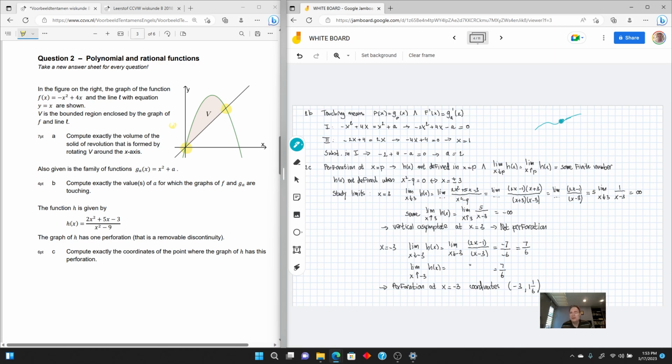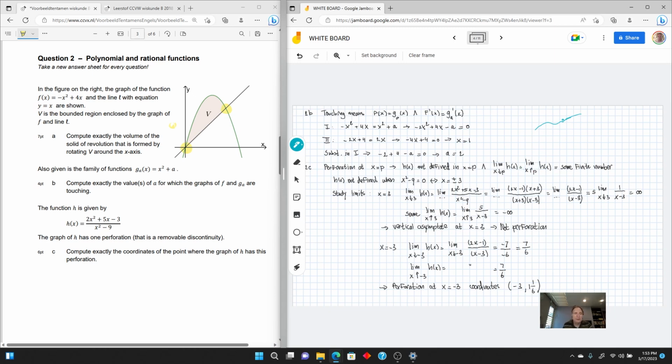But if I go from below or from above, the limits have to be finite and the same. So if I reach this from the left or the right, the limits should be the same.